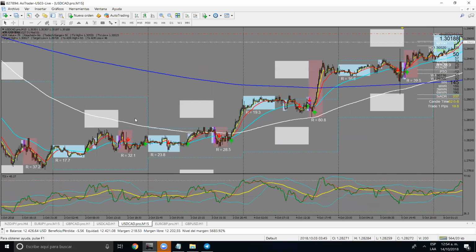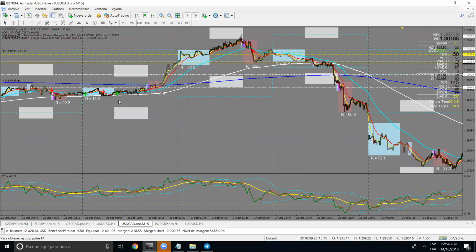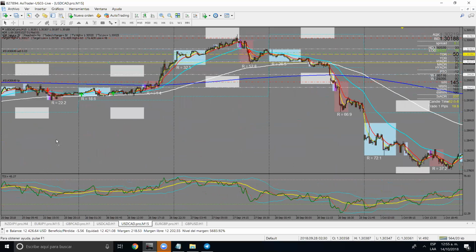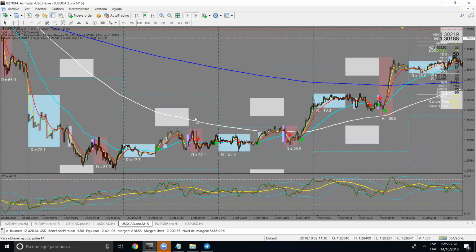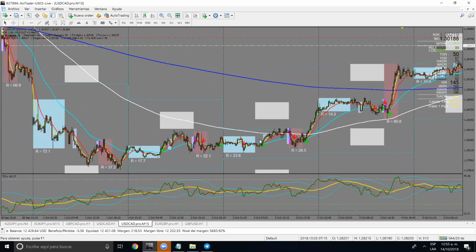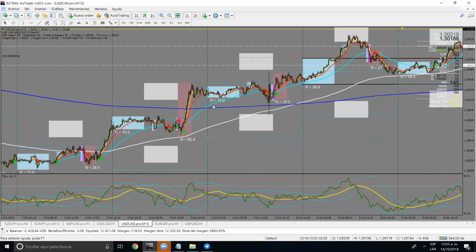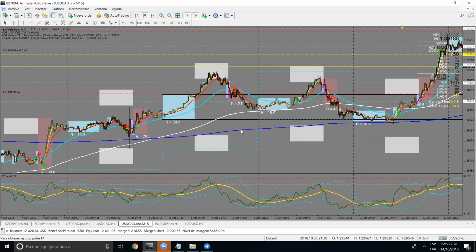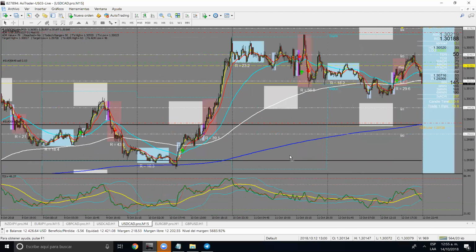I think you have a lot of information from all this, from the market maker. You can identify the sessions from each day, HOD, LOD, EMA, how the EMAs are going, and everything.